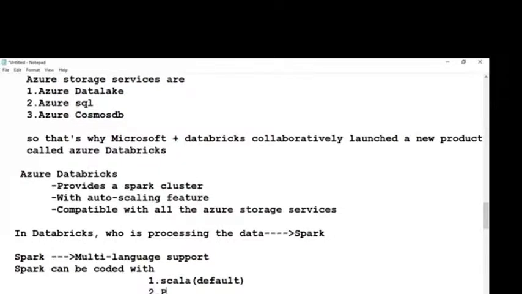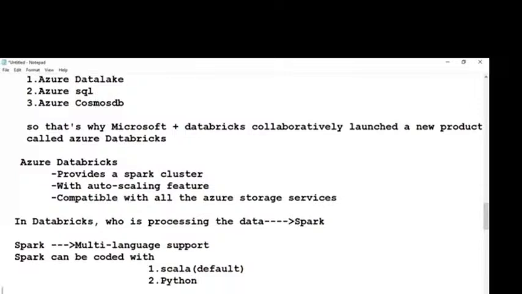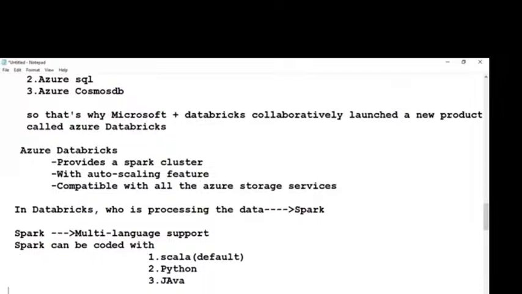Today, mostly Python is preferred. Spark with Python, we say PySpark, right? And it can also be coded with Java or R language. Spark can be coded with Scala, Python, Java, or R.